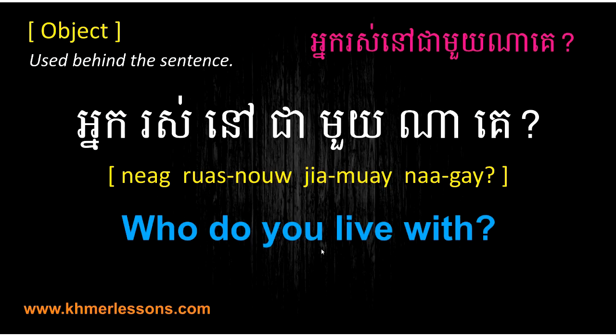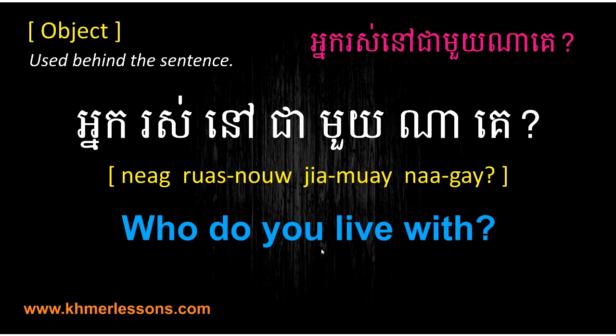If you see the English sentence, it's the same as when you use who as the subject, because in English you use who at the beginning of the sentence as well. But here it is not the same, because after who you use an auxiliary verb, do or does. So who here is not a subject. Who here is an object.